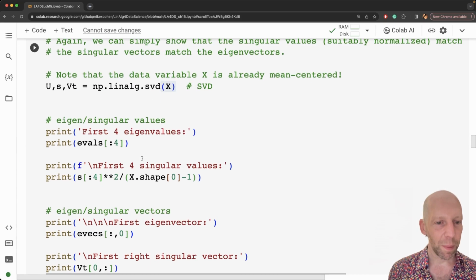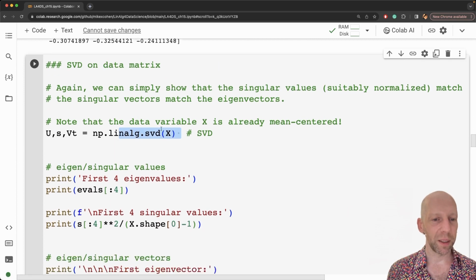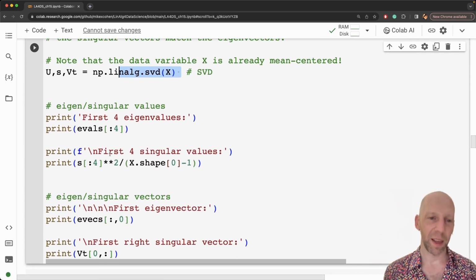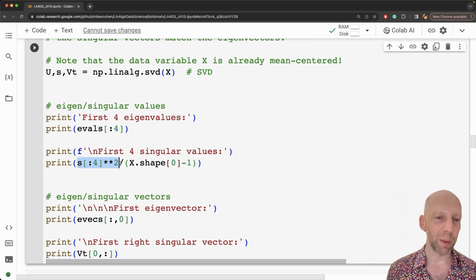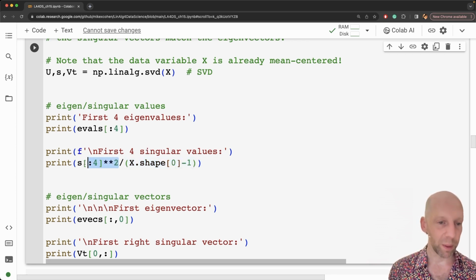So now let me go back here. Okay, so we do SVD directly on the data matrix. And now a tricky thing you have to keep in mind is that when we implemented PCA as an eigendecomposition on the covariance matrix, we scaled the covariance matrix by n minus 1. So therefore, when we go back from the singular values to the eigenvalues, you need to square them, first of all, because the eigenvalues would be squared compared to the singular values.